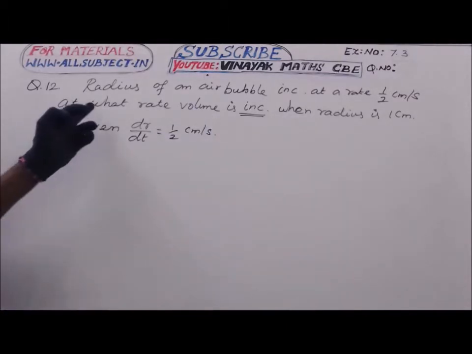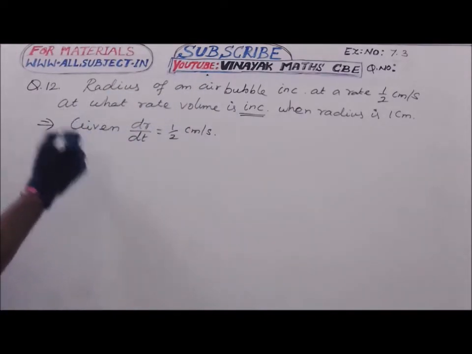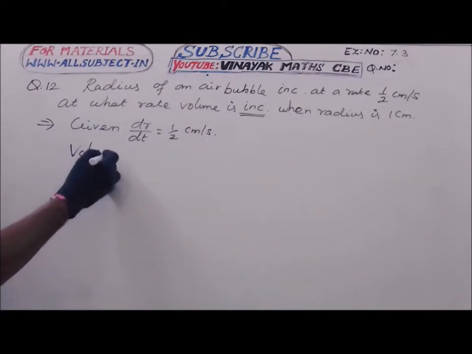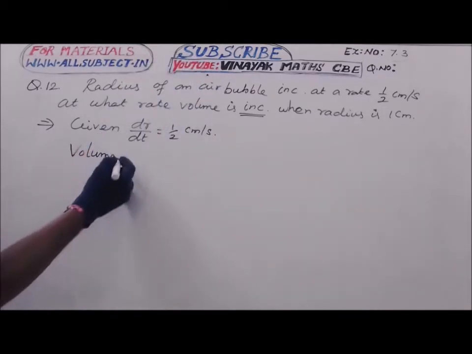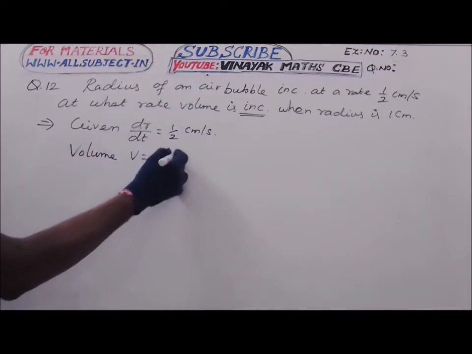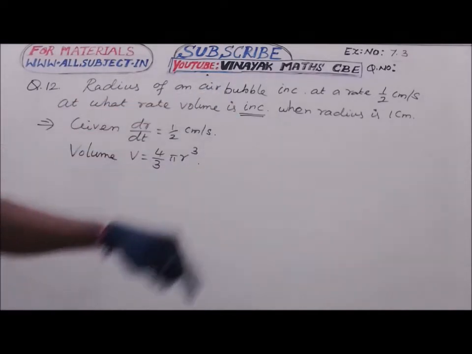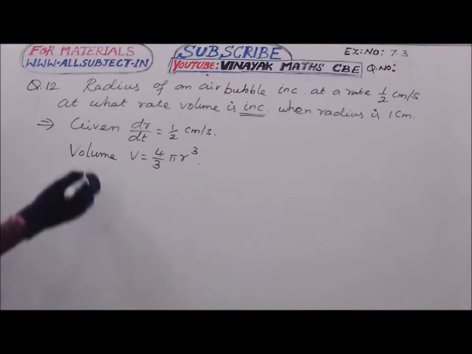And we need to find the rate of change of volume. So let V be the volume of the air bubble. It is in spherical shape, so V equal to 4 by 3 pi r cube. Here r is a function of t, so differentiation with respect to t takes place.